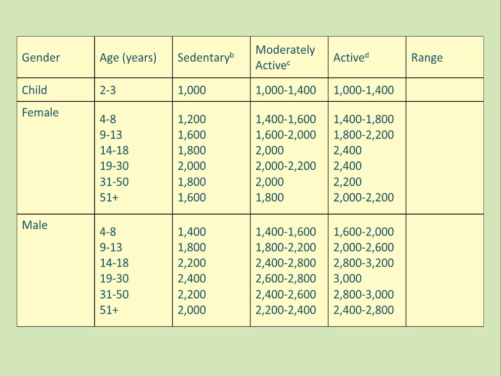And a 35-year-old female who is sedentary, who should be eating around 1,800 calories per day, should have between 810 to 1,170 calories as carbohydrates, 360 as fat, and between 180 and 630 calories as protein.